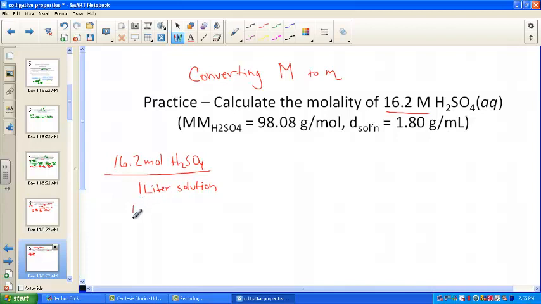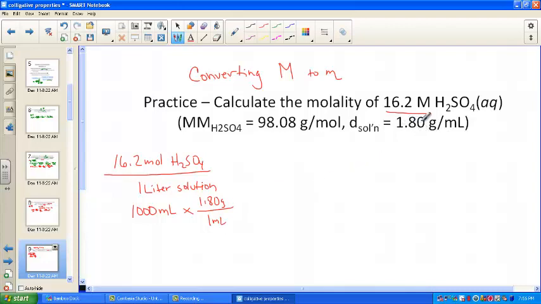So let's consider if I have 1 liter, that's the same as saying 1,000 milliliters. I'm doing that because I see that my conversion here with density involves a mL, so I just want like units. Using that, I can see that if I had 1 milliliter, it would weigh 1.80 grams.